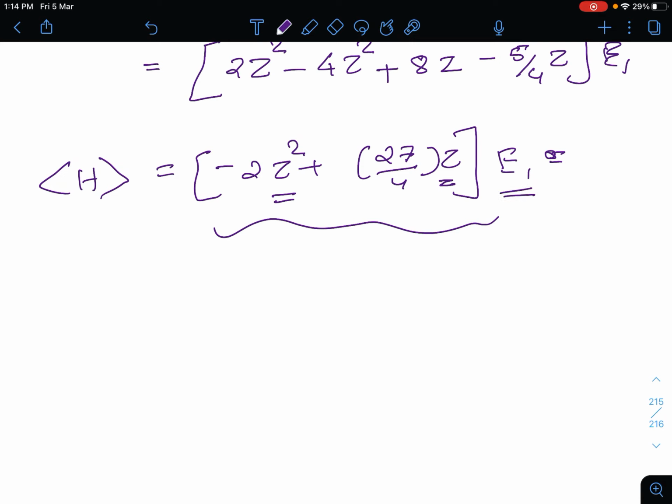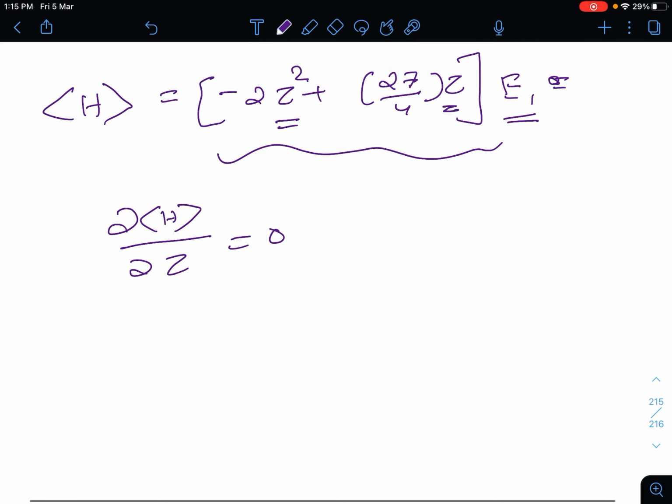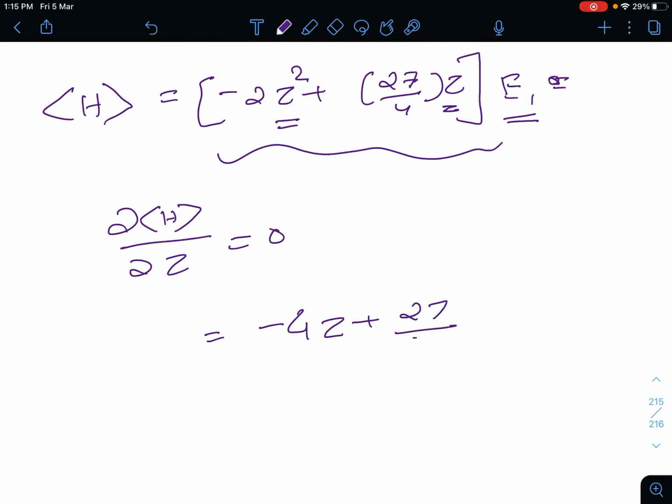So we minimize the expectation value of H, taking dou by dou z and making it 0. So that becomes minus 4z plus 27 by 4 is equal to 0, or z is equal to 27 by 4 divided by 4, that is 27 by 16, it's 1.69.